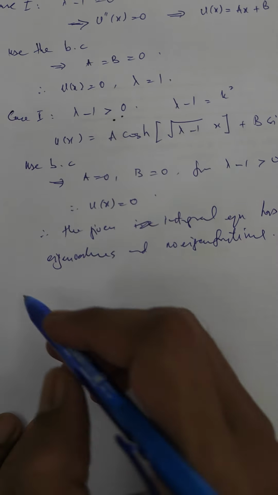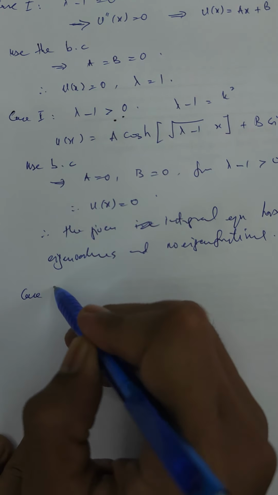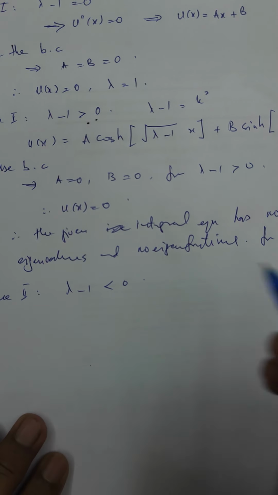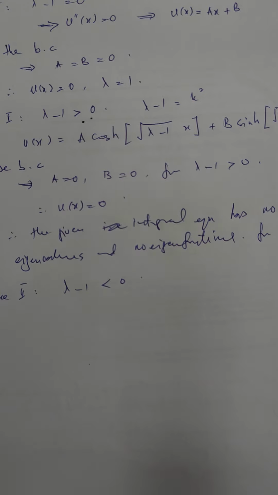Alright, and then we need to consider the third case where lambda minus 1 is less than 0. Lambda minus 1 is negative.